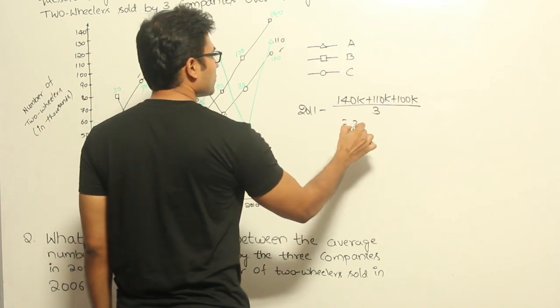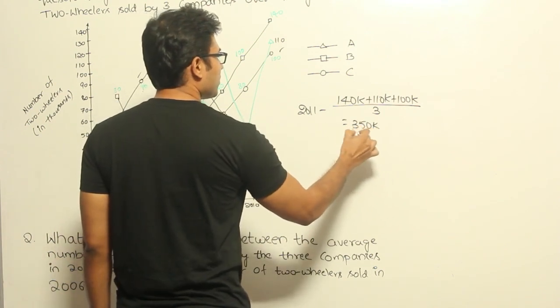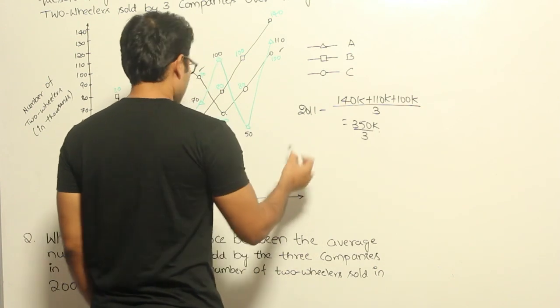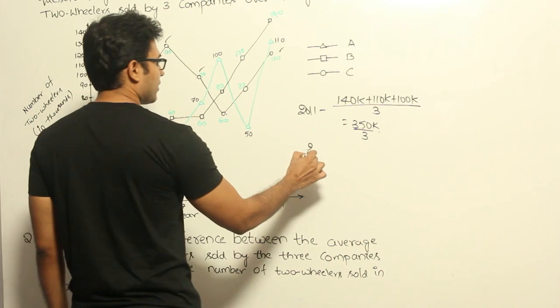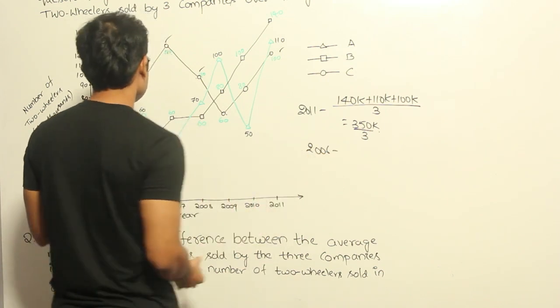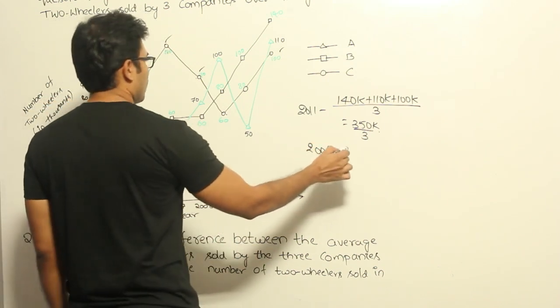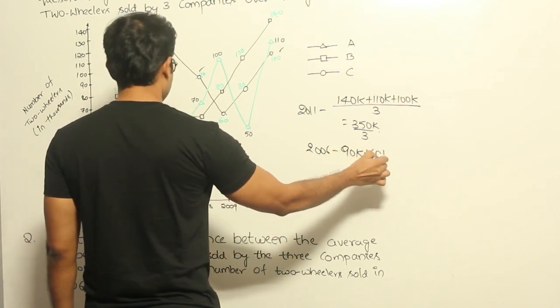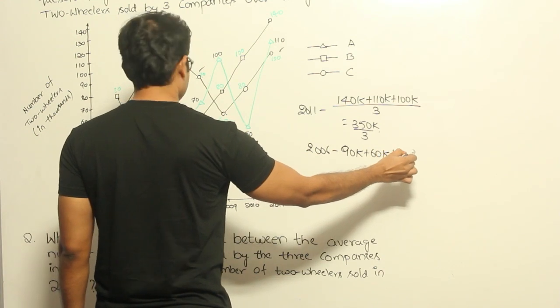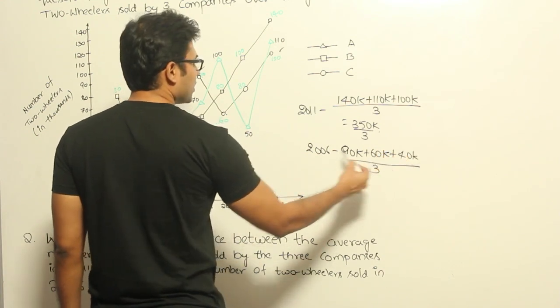Now this one is going to be 350k by 3, right? And the average in 2006 is given by 90 plus 60 plus 40 divided by 3.